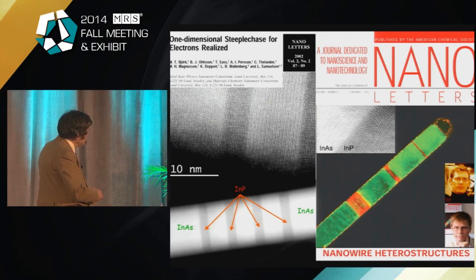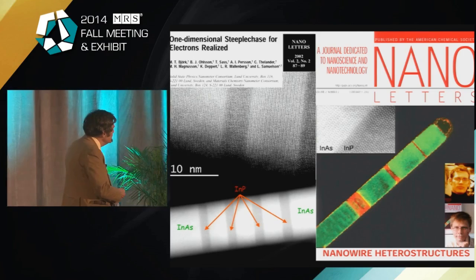But I think it's quite convincing that these are really atomically sharp interfaces, or very close to atomically sharp interfaces, between these different materials. You can really make, this is a resonant tunneling device, here is a superlattice device. So again, this was the first author here, Mikael Björk, who made a very strong contribution in understanding the physics of the transport of these types of devices.